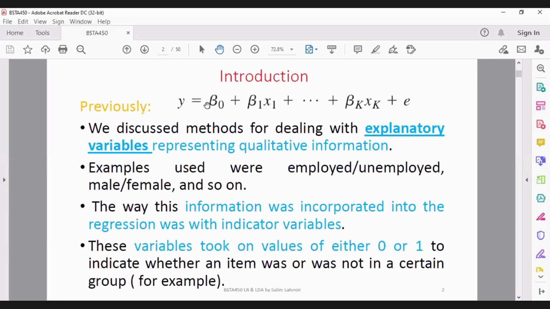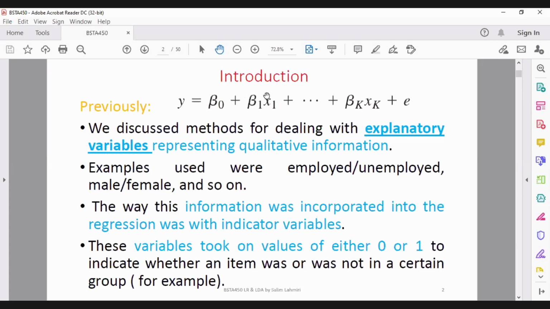So we have seen that y can be regressed on beta 0 plus beta 1 x1 plus ... plus beta k xk plus an error term. We also discussed models for dealing with explanatory variables representing qualitative information, like dummy variables.